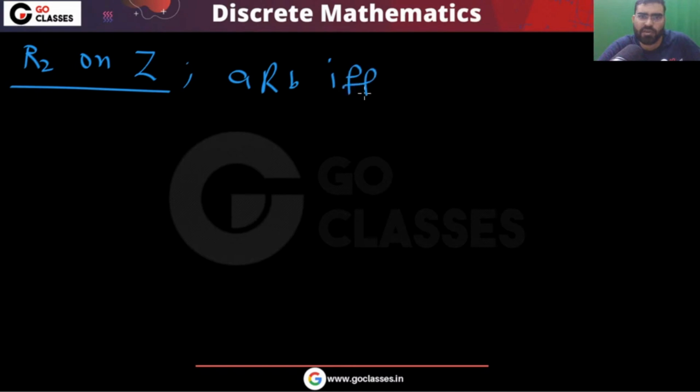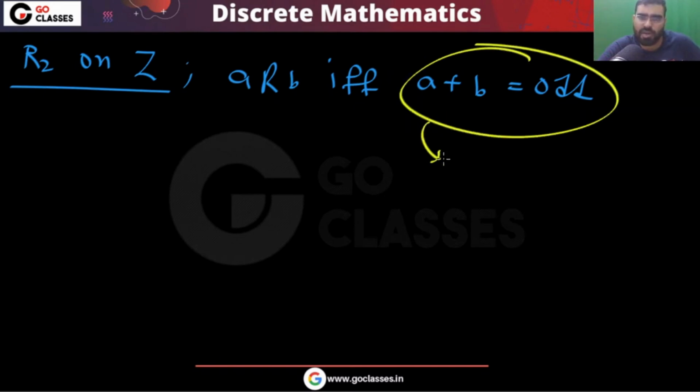What about this R2, on the set of integers, where A is related to B if and only if A plus B is odd? That means A, B have different parity.